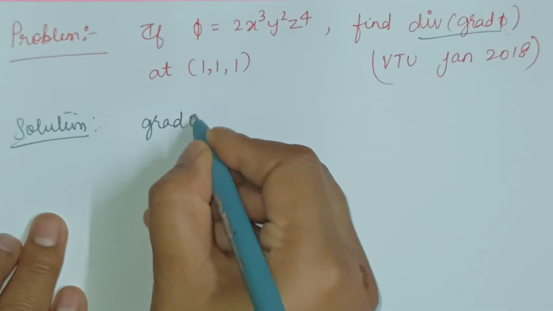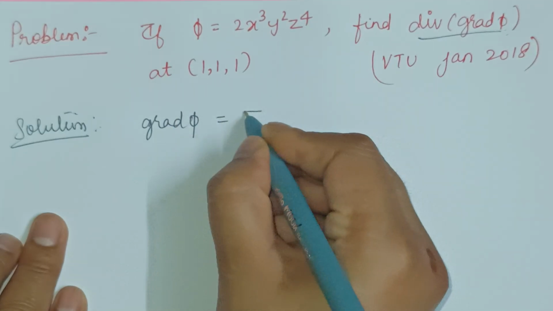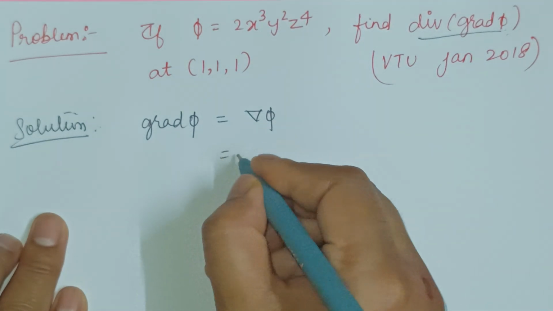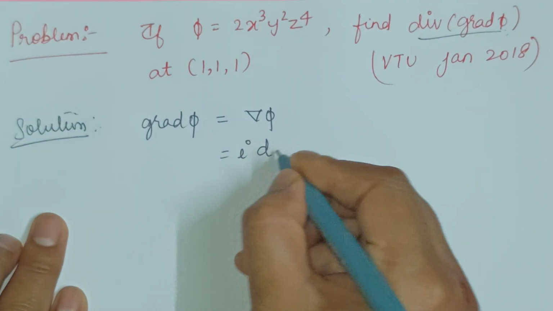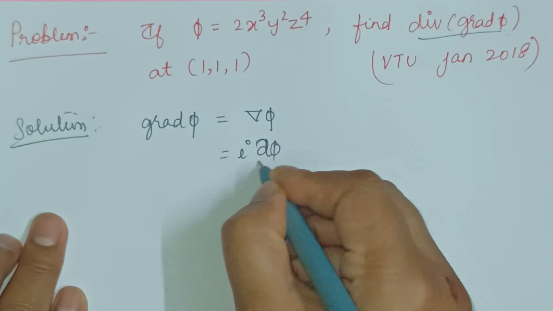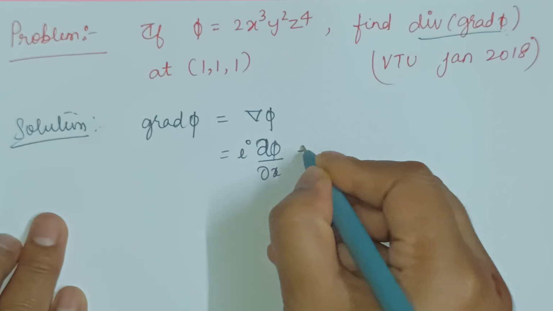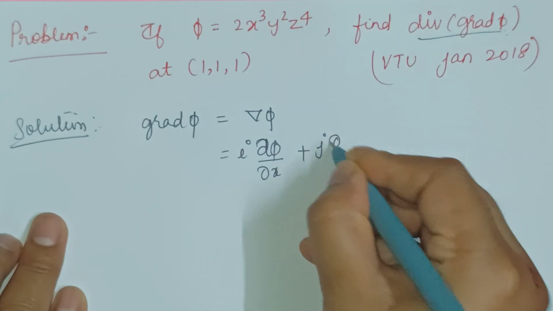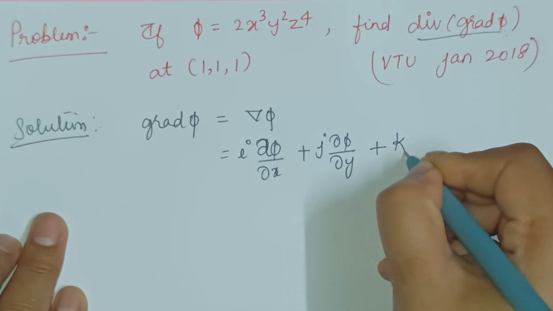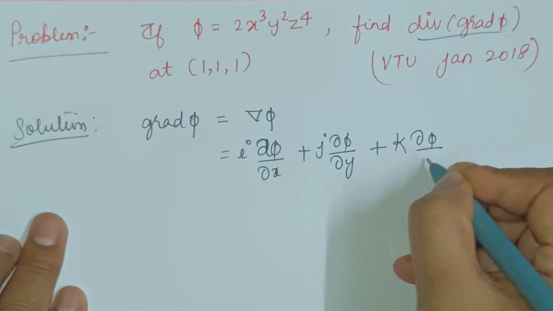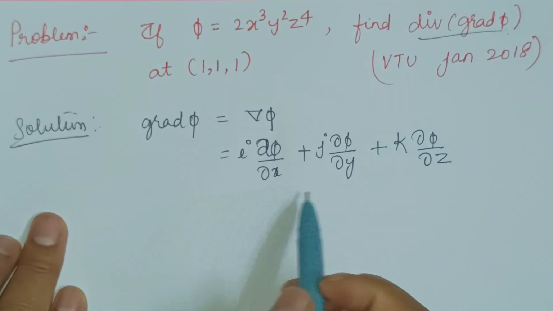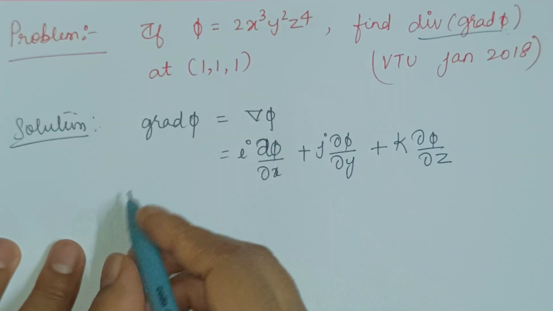So grad phi, we already know, can be written as del phi. And the formula of del phi is: i times dou phi by dou x plus j dou phi by dou y plus k dou phi by dou z. Done. So this is the formula given.